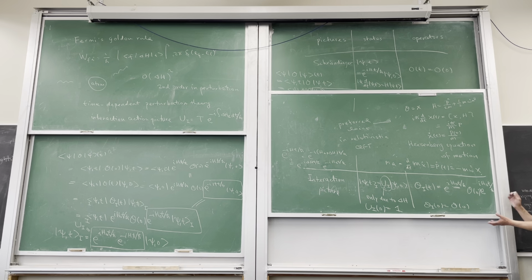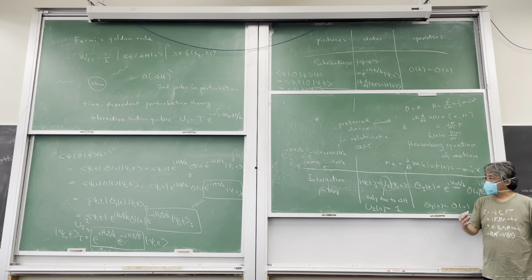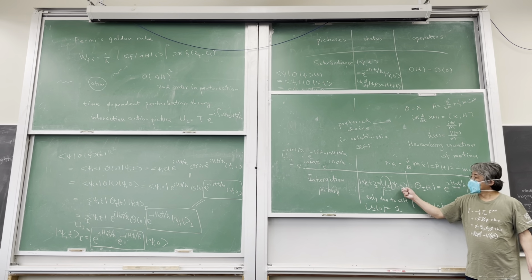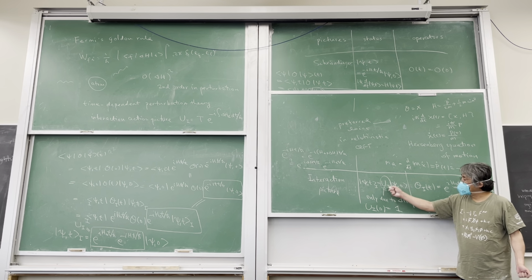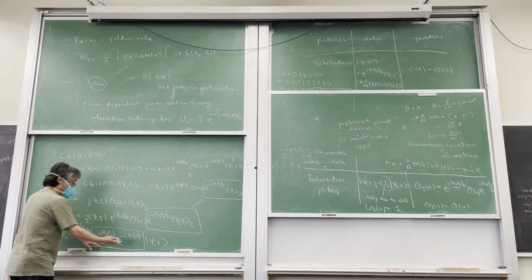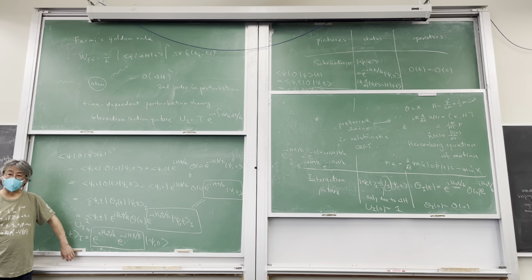If you do so, time evolution operator is something you know how to do because you know how to solve the problem with the zero-order Hamiltonian, like the hydrogen atom or harmonic oscillator. This you know how to do. What you don't know is how to deal with this time evolution of the state. And formally, this time evolution of the state can be expressed by the product of two time evolution operators.